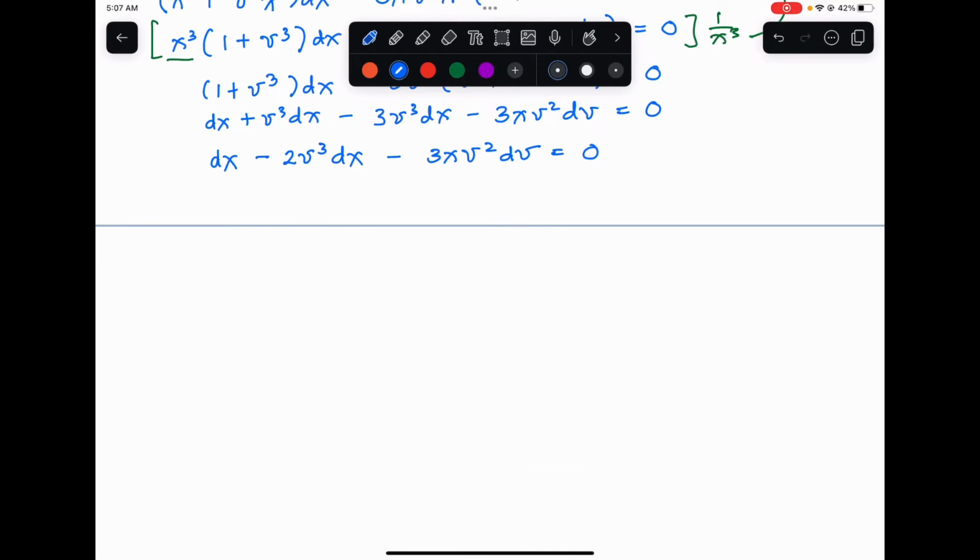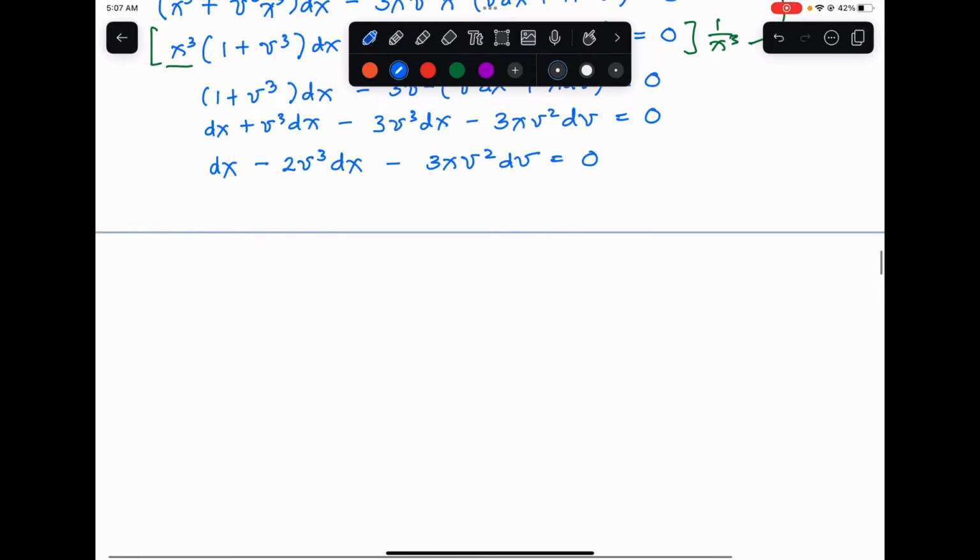After that, we can factor out dx, making it 1 minus 2v cubed dx minus 3x v squared dv equals 0.